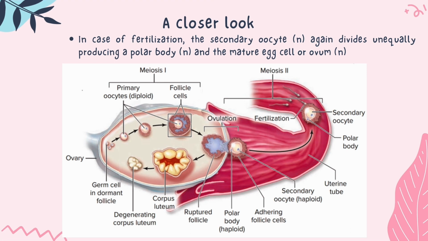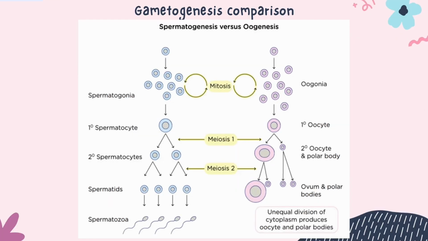This unequal division of cytoplasm ensures that the egg has enough resources for the early stages of development if fertilization occurs. As a result, the functional product of complete oogenesis is a single mature egg. The polar bodies are much smaller and often degenerate, ensuring that the egg receives most of the cytoplasm and organelles.